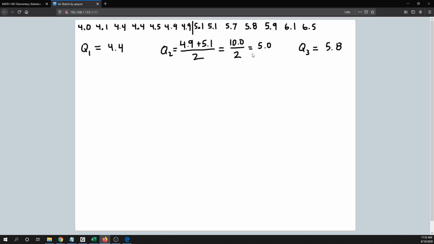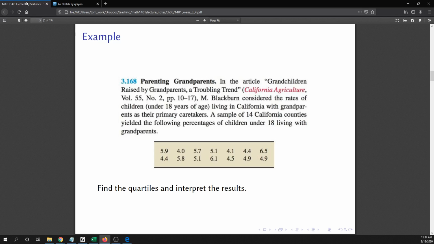The Q2, the second quartile or median, would be about 50% of the data below 5.0 and about 50% above 5.0. And for the third quartile, about 75% of the data is below, and 25% is above 5.8. All right, so that's the interpretation on the quartiles.